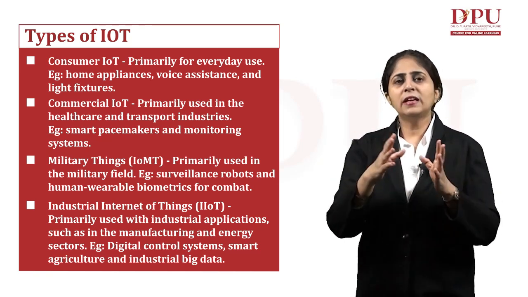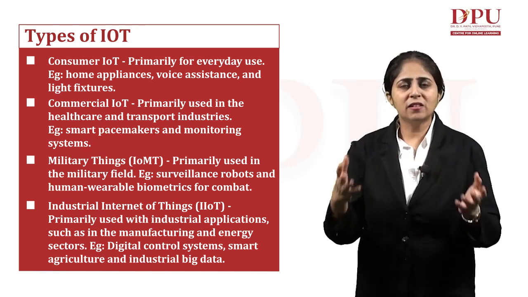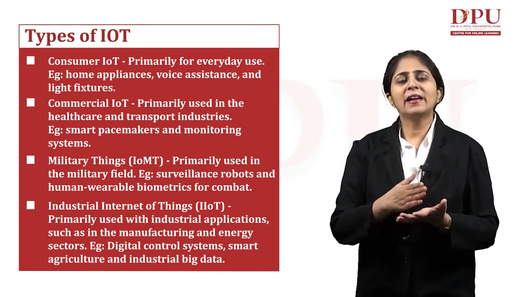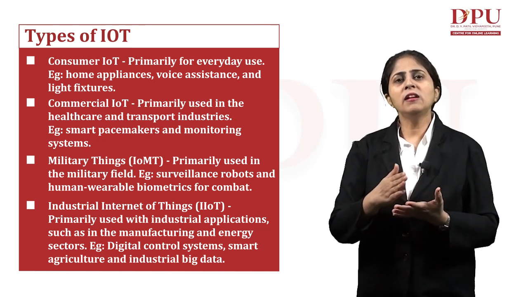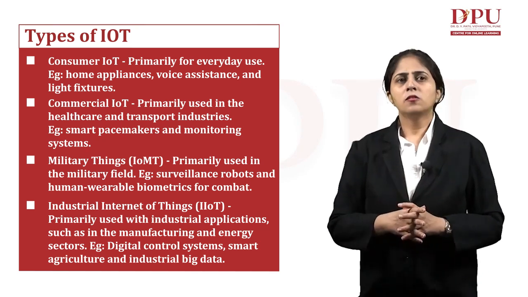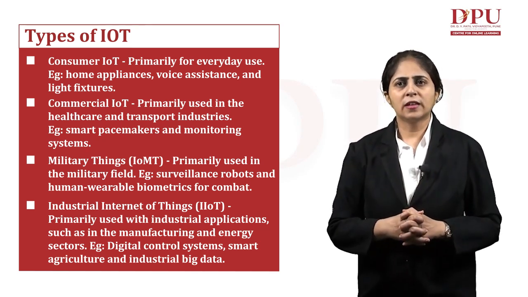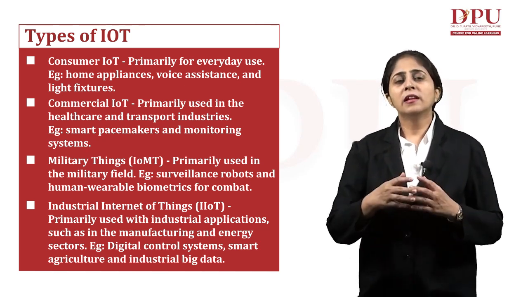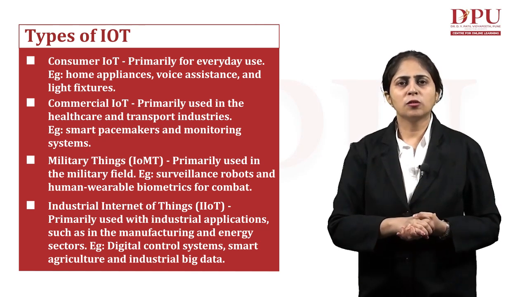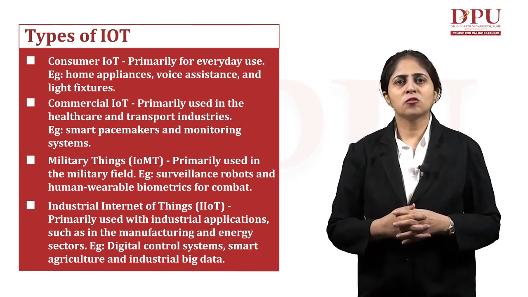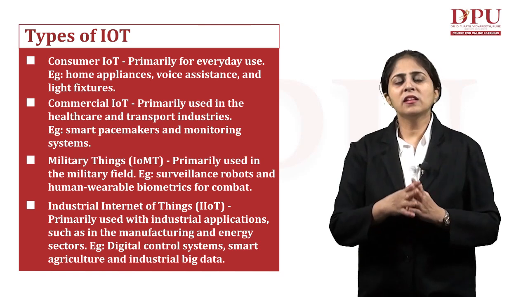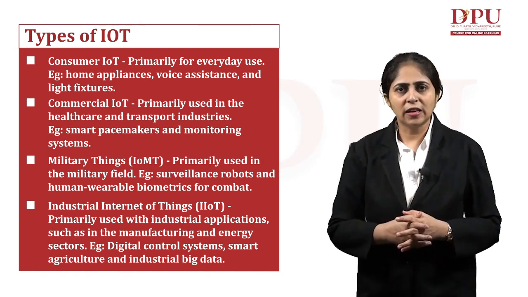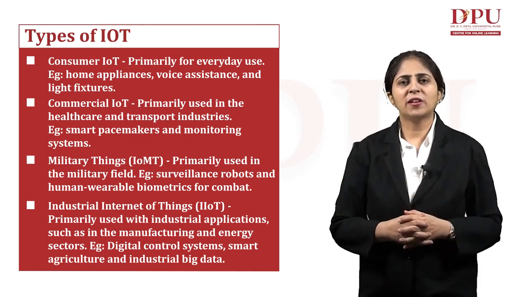So when we are using this in big industries, this is called IIoT, Industrial Internet of Things. We have manufacturing sectors today. We have energy sectors today. There we are using this industrial Internet of Things for the industrial applications.